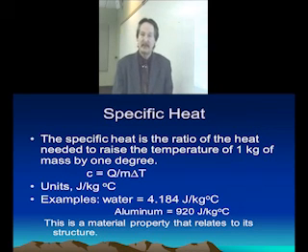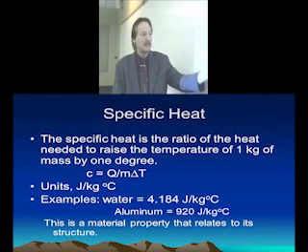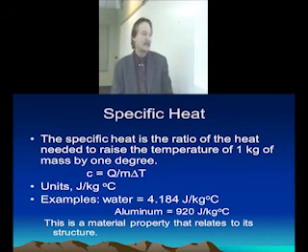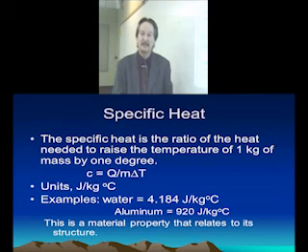That structure is much different than the structure of aluminum, and therefore it's reflected in the fact that it's not 4,184 for aluminum, but it's 920. So this is a material property. It tells us something about the structure of that material. If we can measure this material property, we can identify the material because it is part of its unique fingerprint.